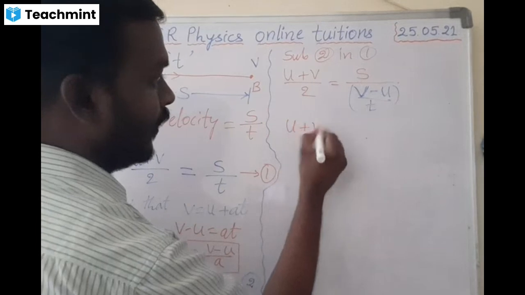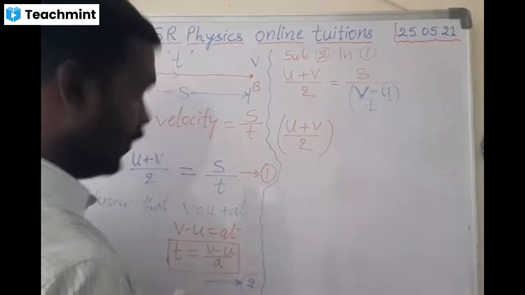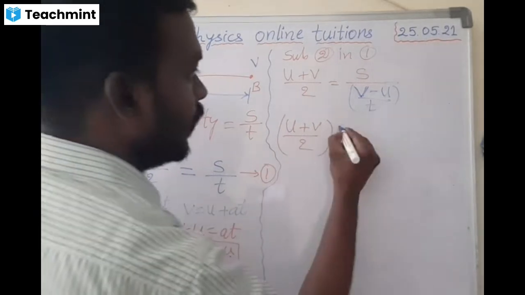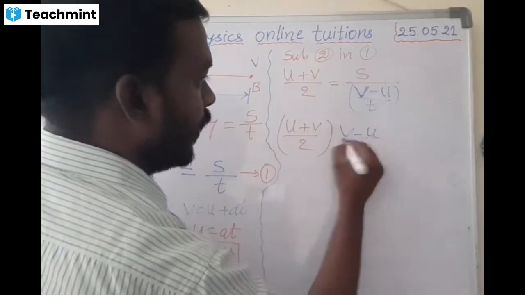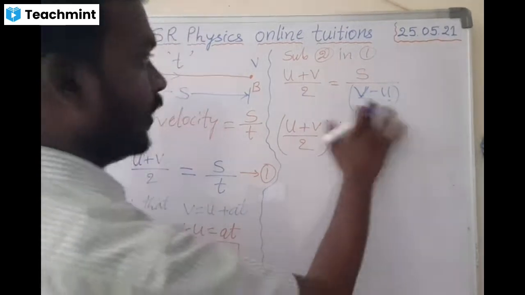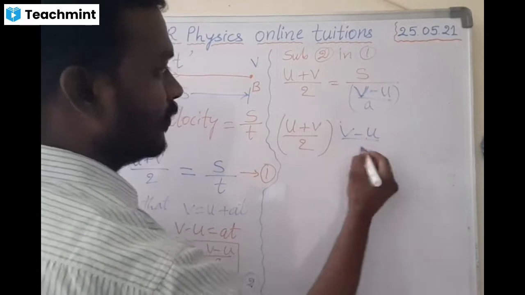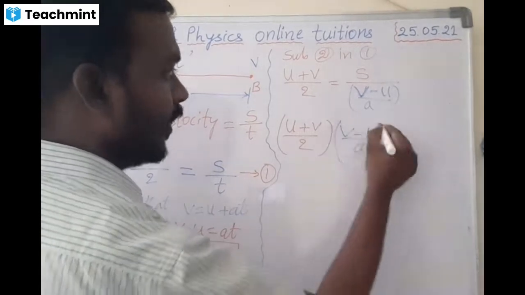u plus v by 2 into v minus u by a. Sorry, it is a, not t. That means you people are not concentrating.